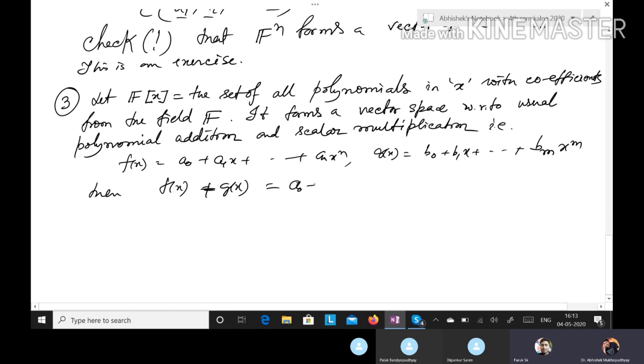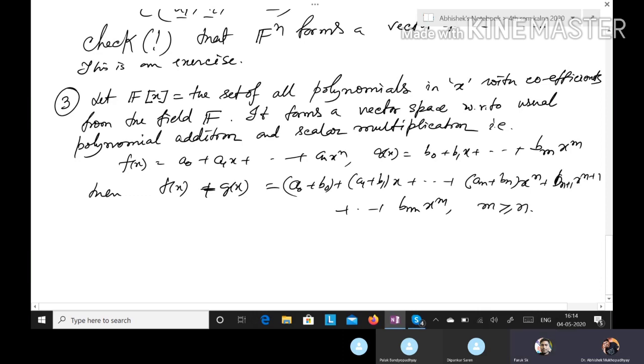That is a0 plus b0, a1 plus b1 x, and so on, up to bm x to the power m, by assuming that m is greater than n.